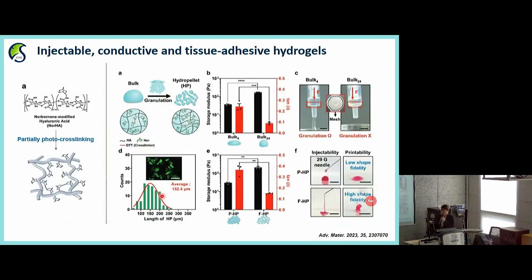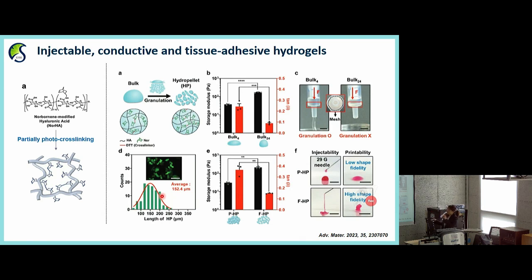So using this hydrogel, we would like to demonstrate its use as a strain sensor. First of all, we made the core material, hyaluronic acid, and this hyaluronic acid can be photo-cross-linked. So we partially cross-link the polymer as a bulk-type material, and then we inject it through a mesh, like a micro-sized mesh, and simply fragment the bulk hydrogel into the granular structure, which is called the hydropellet.